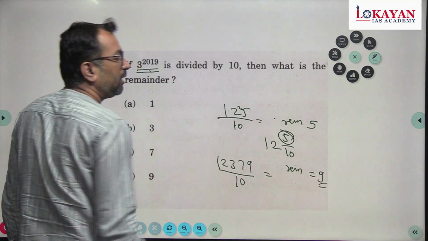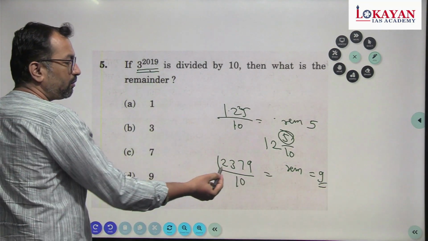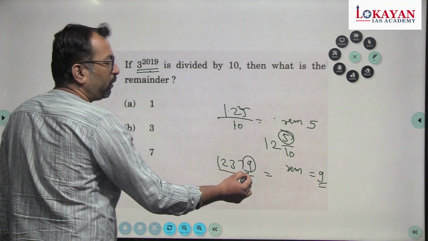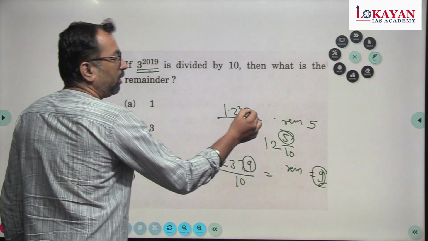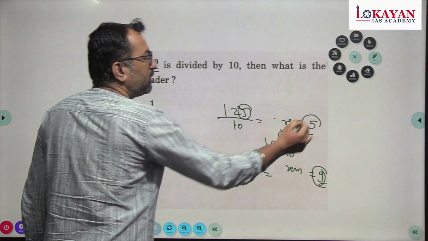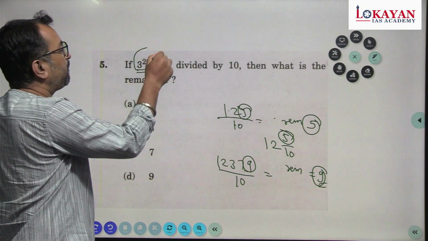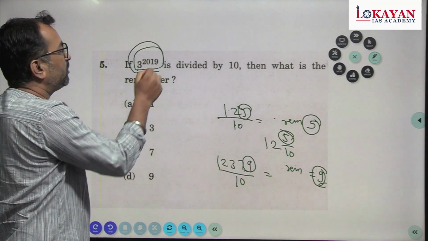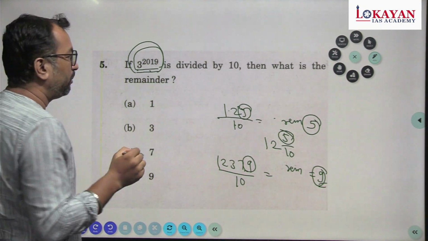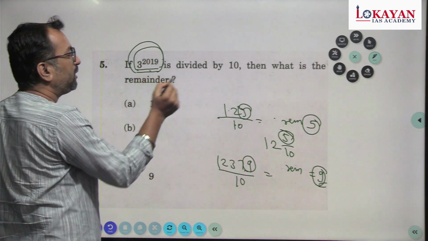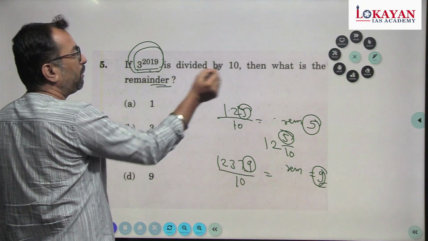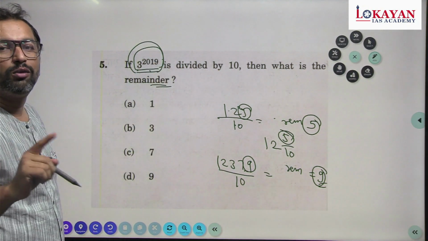So whenever I divide any number by 10, I get a remainder equal to the unit place of that number. So I just need to find the unit place of this number, and that unit place will be my answer.